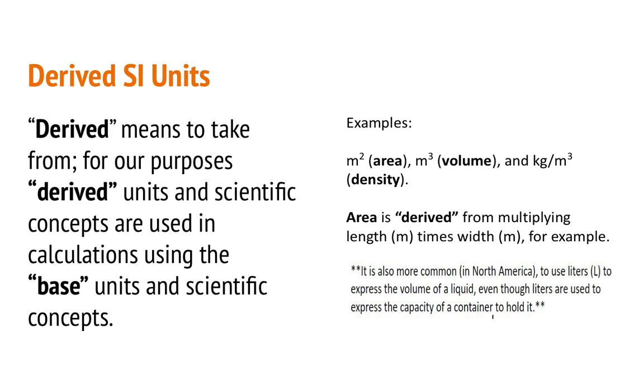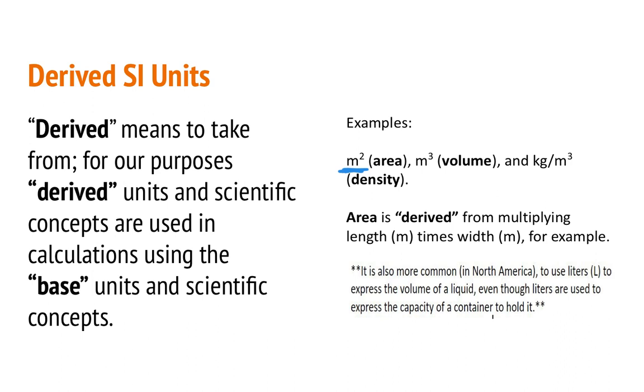So let's move on to derived units. Derived means to take from, and for our purposes, derived units and the scientific concepts are used in calculations based on the base units. An example would be area. For area, you're taking 2 length measurements and multiplying them by each other, getting the derived unit of meters squared.